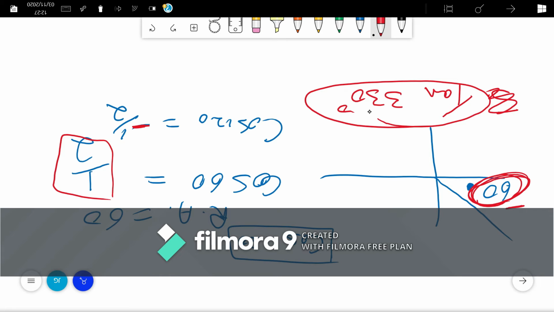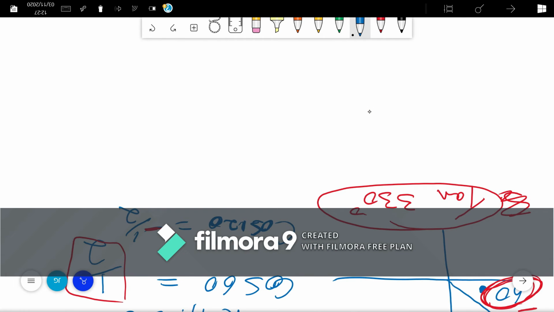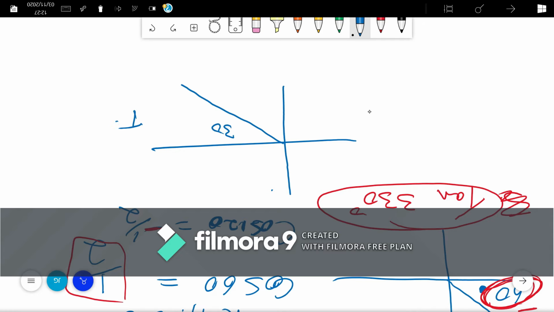In this case, normally you wouldn't, but I'm asking you, don't look up the 330, just look up the reference angle and you put the sign on it then. And it's very easy to check your answer by just typing it into the calculator when you're done.